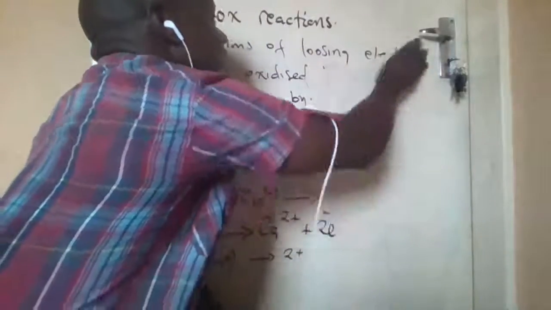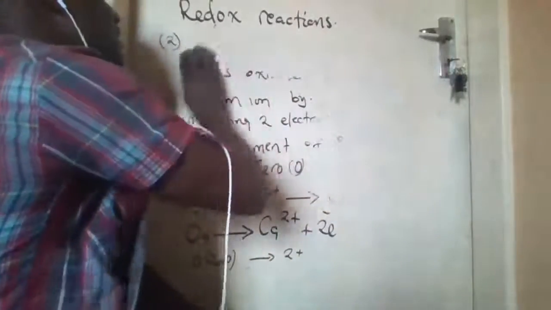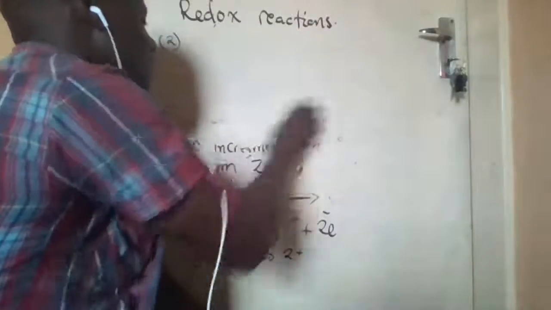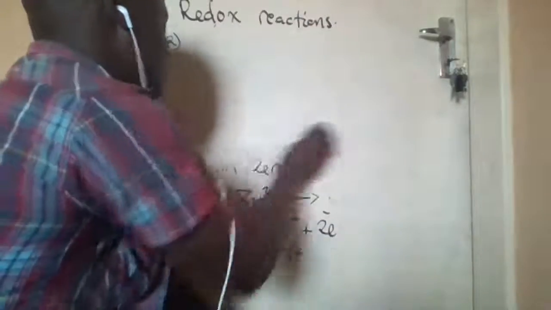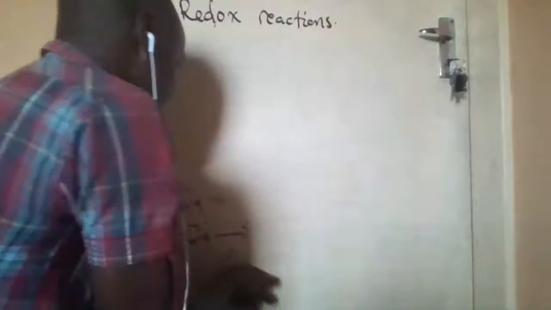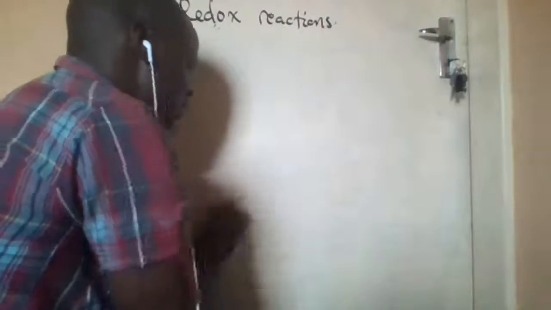How can you find the oxidation number, so that you can tell that indeed the oxidation number of an element has increased? How can you tell?